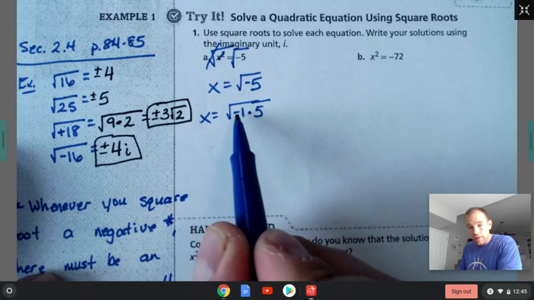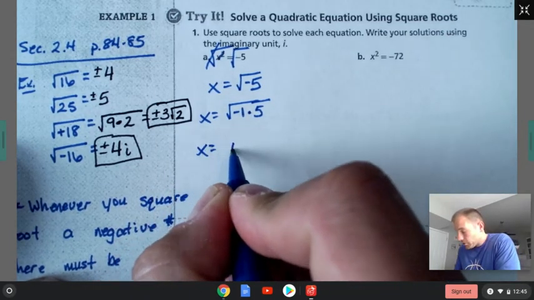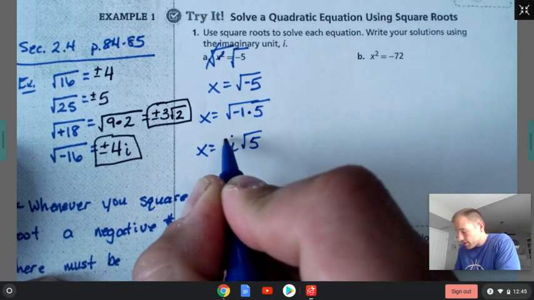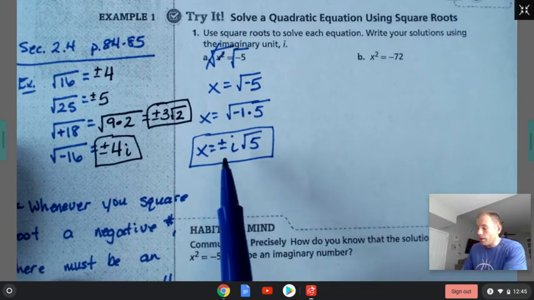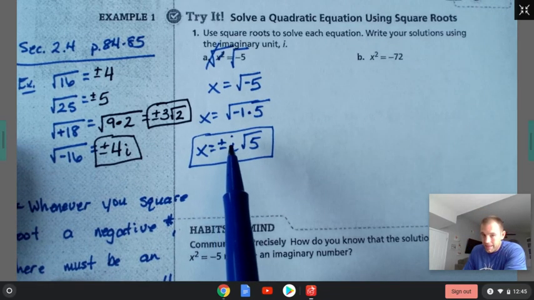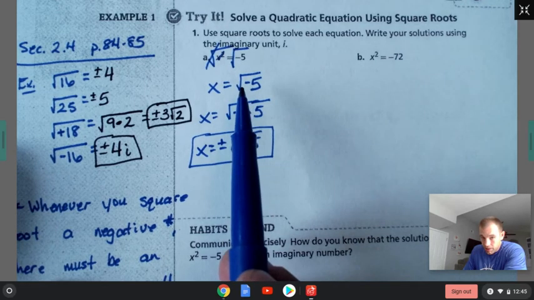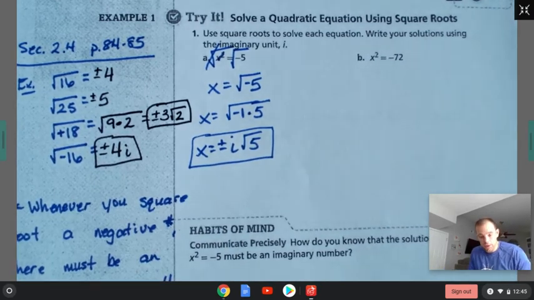I'm still square rooting a negative number, right? So that means I have to put an i in front of the final answer. There's always a plus or minus. Whenever you square root something, you have to do plus or minus. And then since there's a negative underneath, I have to put an i. And the 5 just stays where it was because there's nothing I can do with the 5. I can't split it up. It's only 1 times 5.